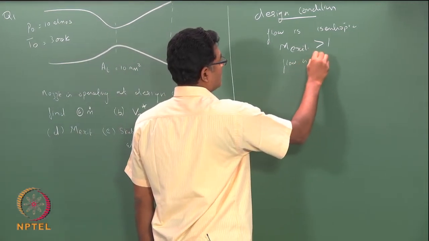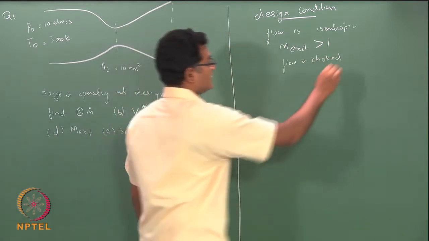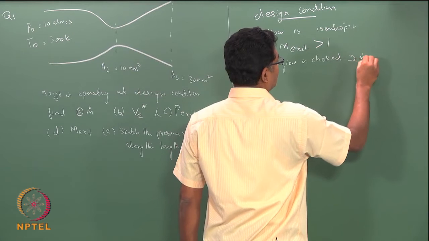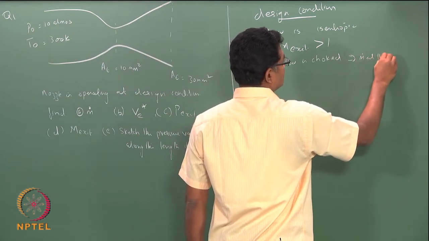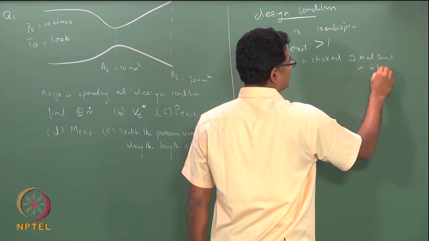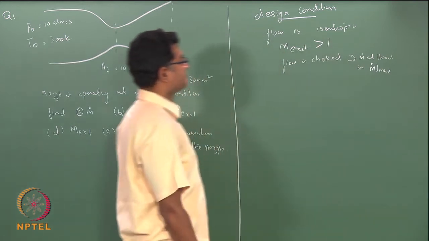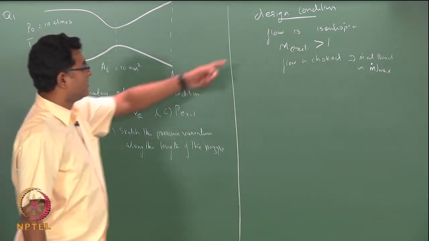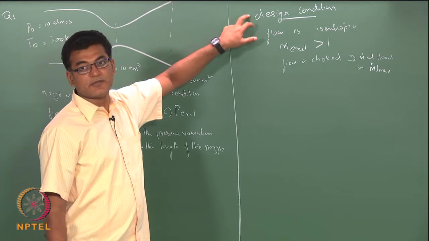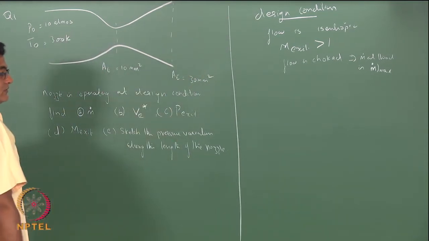Flow is choked, implies the m dot at your throat is your m dot max. So, these three pieces of information should come along with this particular statement, which is the design condition.